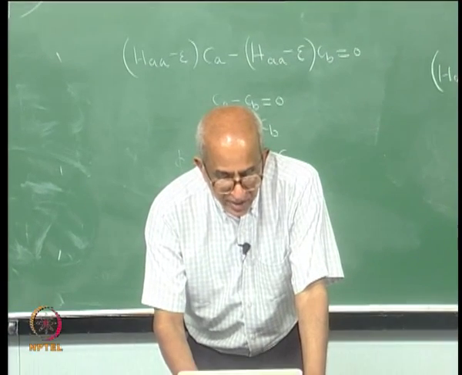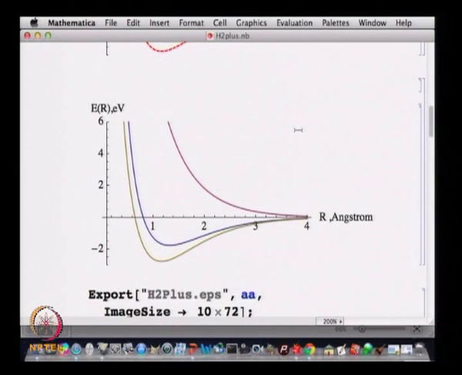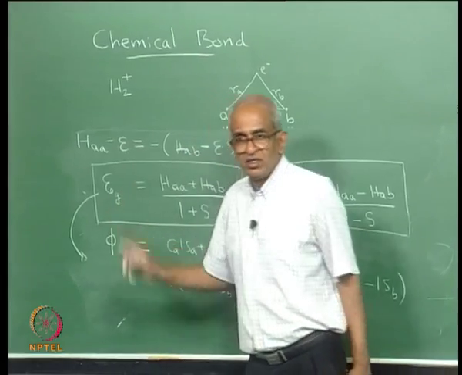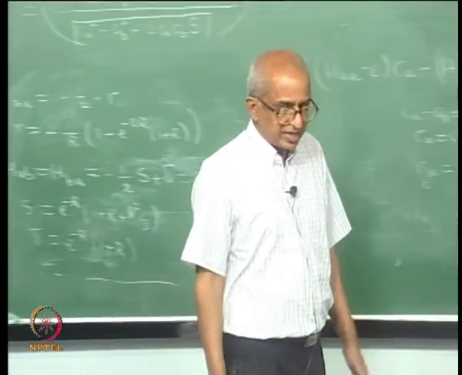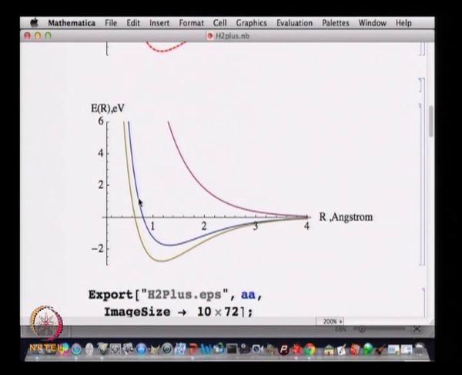And once you have obtained that, you can plot the energy as a function of internuclear distance, and this blue curve which is seen in this Mathematica notebook is a plot of script E with the subscript G, as a function of r, which in this figure is given in angstroms.